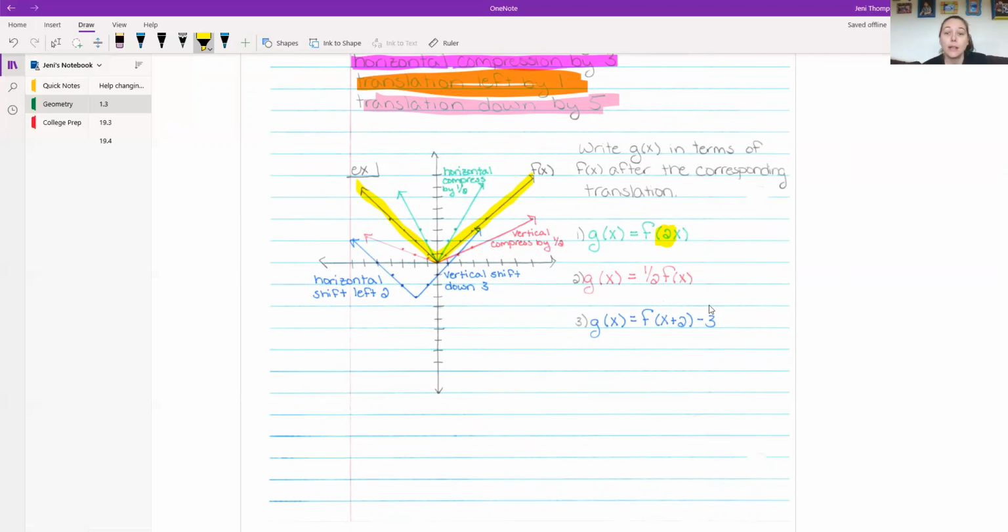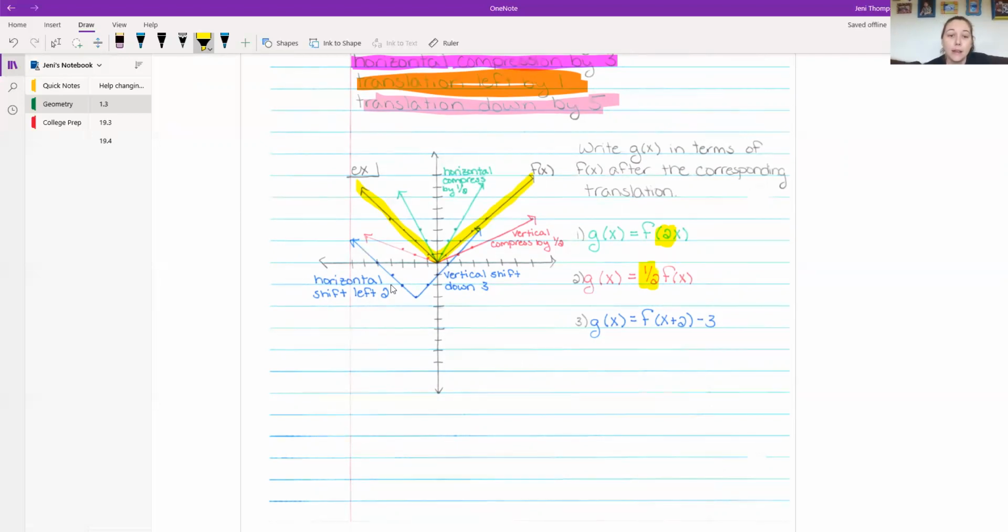Okay, number 2, our red is a vertical compression by 1/2. That one's easier. We don't have to mess with the fraction. Our vertical compression by 1/2 is being squished down, which means we multiply the outside by 1/2.